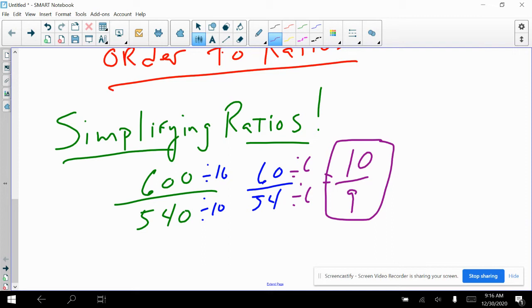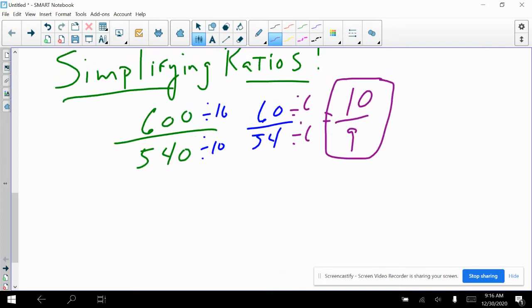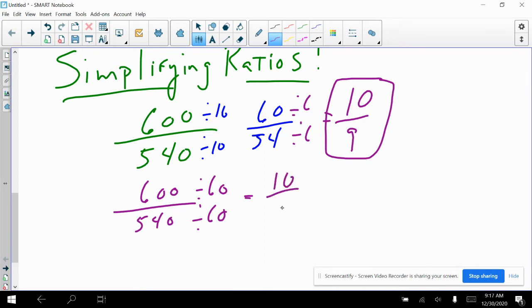Okay, now we did that in 2 steps because that was a big number, 600 over 540. Okay, if you recognize possibly that you could divide by 60, okay, then you would automatically get it down to 10 over 9.